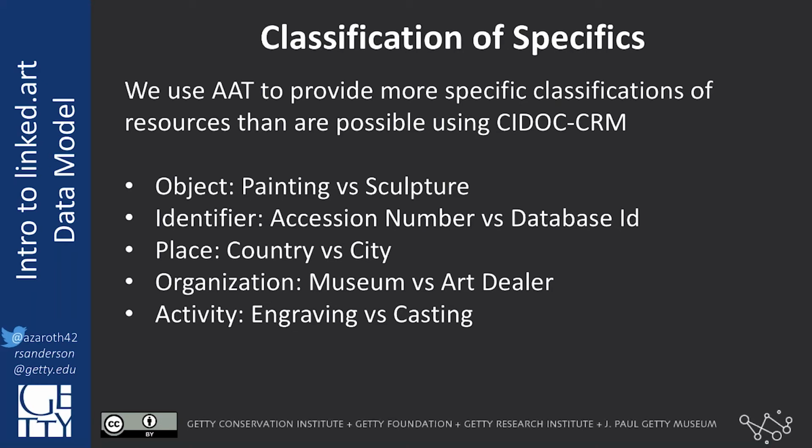And for our model, we are using AAT because it is such a wonderful resource for what we do. But this pattern is something that we could use. If there are concepts that we want to talk about that AAT does not cover, if we can find a vocabulary that exhaustively defines that concept, let's just say, this is a type of that. For instance, AAT, to my knowledge, doesn't go into the specifics of artistic genres or styles, or iconography.